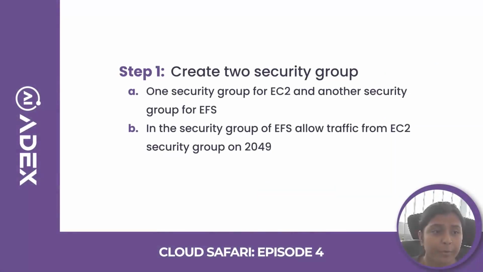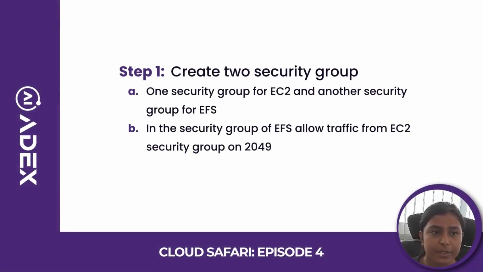In this lab, we will follow these 4 steps. Create 2 security groups, one security group for EC2 and another security group for EFS. In the security group of EFS, we'll need to allow traffic from the security group of EC2 on port 2049.